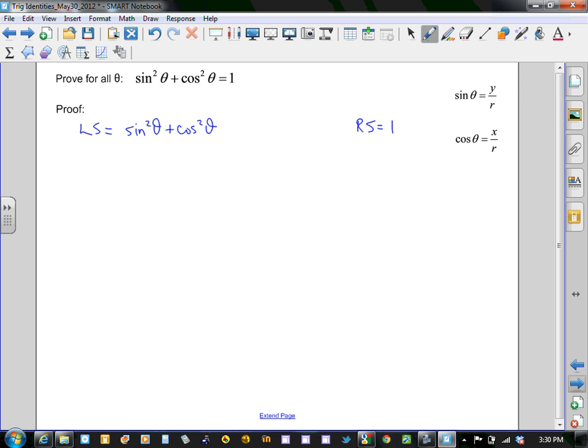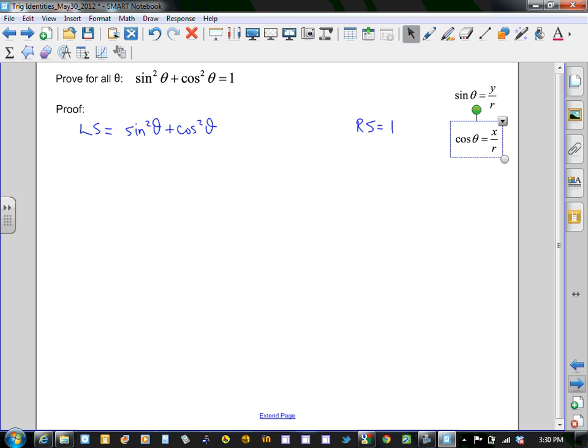In order to prove this identity, what we should be doing is having a look at earlier established identities. And namely, you can see that I've got the two definitions of sine and cosine over here to the right-hand side. And it's our job to use those expressions.